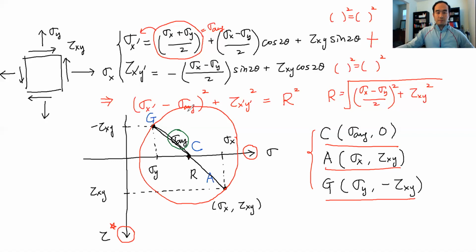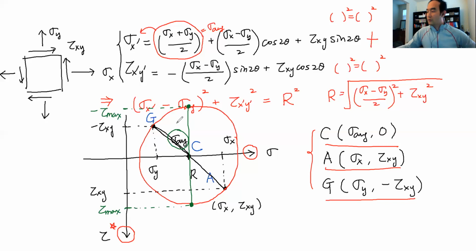For example, for these 2 points, top and bottom, the y coordinate, the coordinate on the vertical axis, will be the maximum value here. That is going to be tau max, the maximum in-plane shear stress. With similar reasoning, this value is going to be negative tau max.